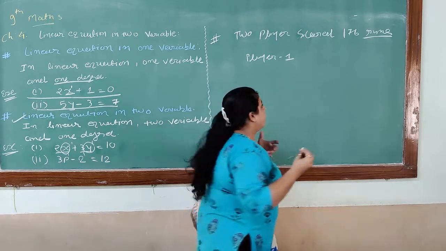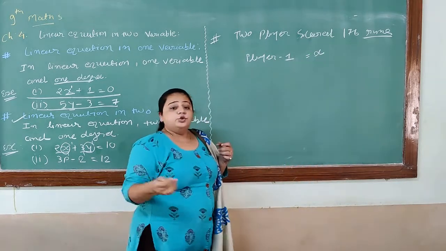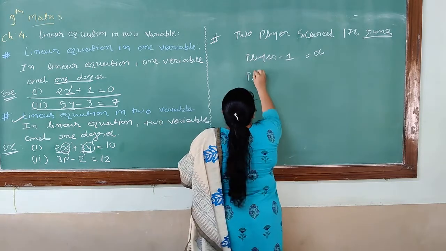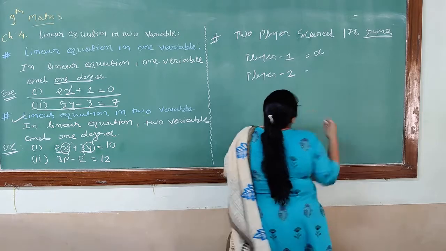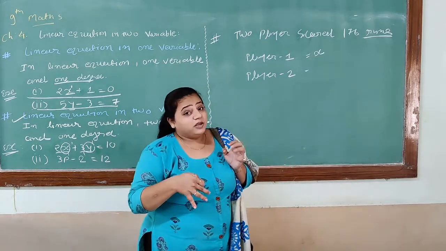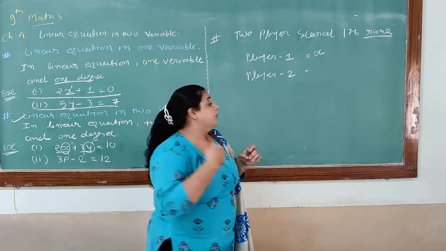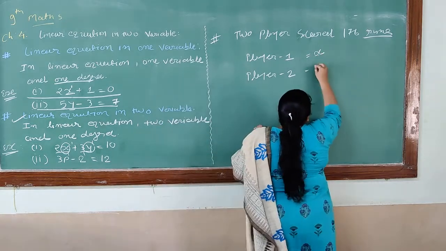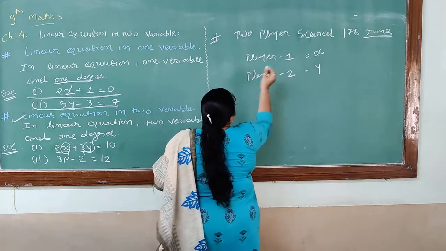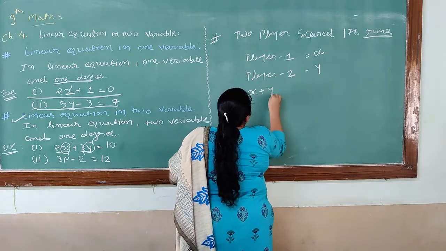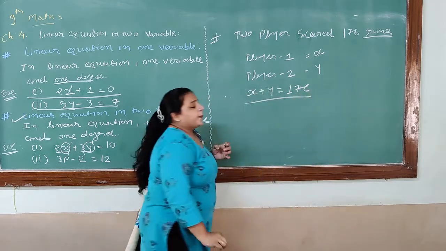Give the name X. Now player 2. Give name not X, because X will be the same variable. Here we have to apply another because they are talking about 2 different persons. So X and Y. So how will we form the equation? X plus Y equals to 176 runs.